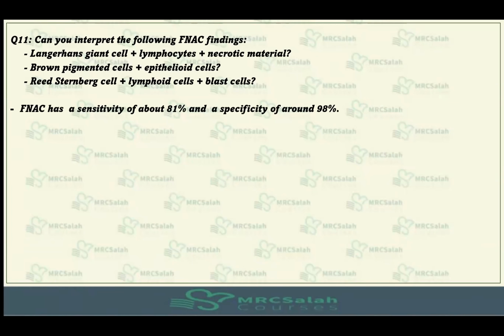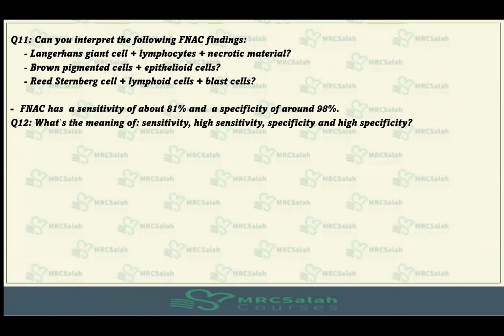FNA has a sensitivity of about 81% and a specificity of around 98%. Can you please tell me the meaning of sensitivity, high sensitivity, specificity, and high specificity? So we start with sensitivity.